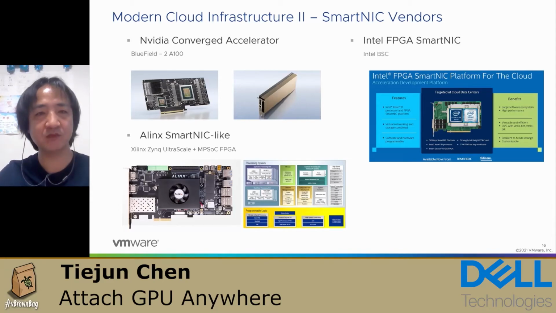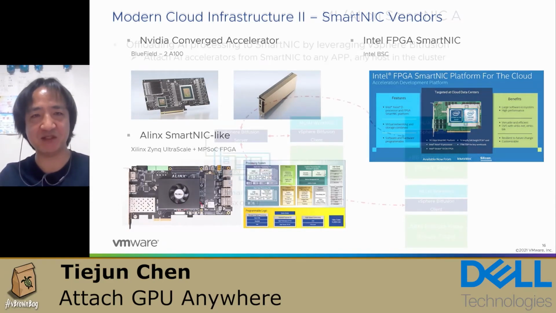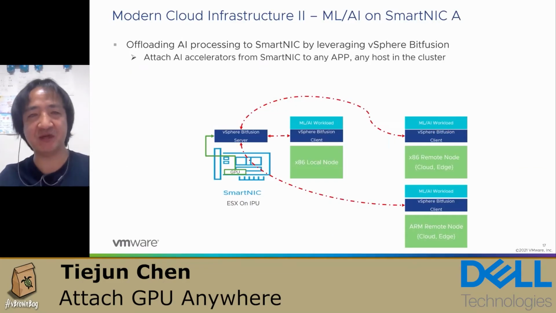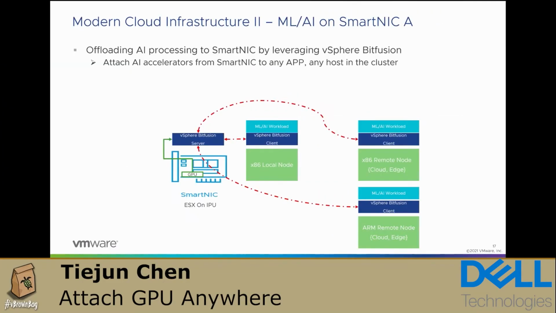Okay. So for this new SmartNIC, what can we do? Actually, SmartNICs are being deployed to support AI machine learning workloads. In our case, we deploy the Bitfusion server on the SmartNIC, not the host. And then we deploy the Bitfusion client on the local host, or even a remote host. It can be based on x86 or ARM64 in the cluster.